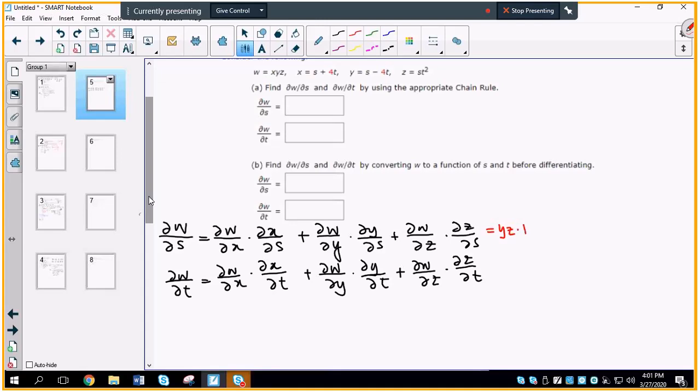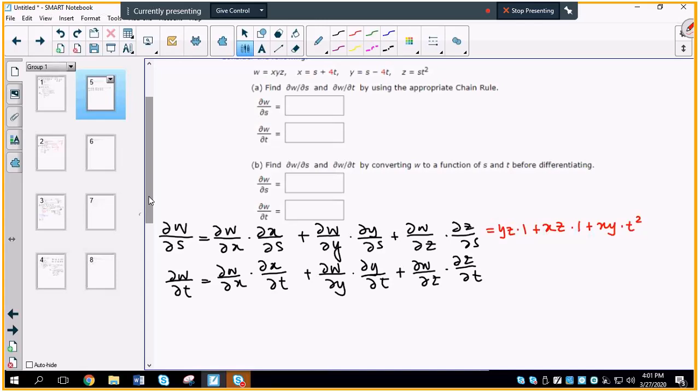Then you have del w del y, which is going to be x times z, so plus x times z, times the derivative of y with respect to s, which is 1 as well. And finally I will do del w del z, which is xy, times the derivative of z with respect to s, and you get t squared.